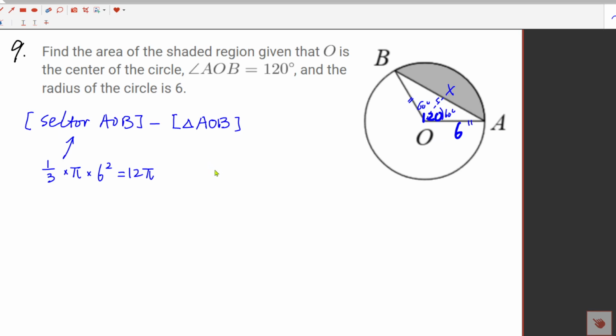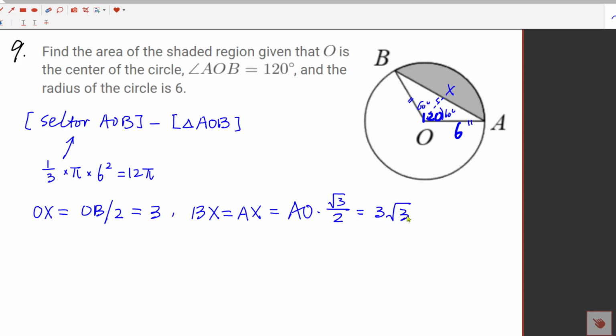And triangle BOX and triangle AOX are 30, 60, 90 degree triangles. Thus, we have OX equals OB over 2, which is 3, and BX equals AX equals AO times square root of 3 over 2, which is 3 square root 3, right?